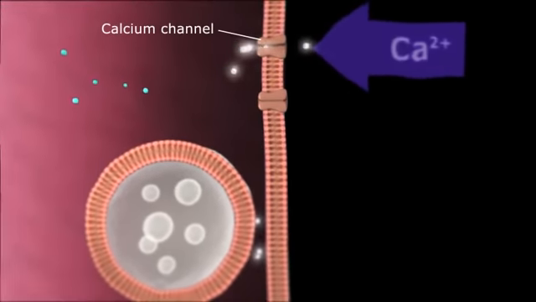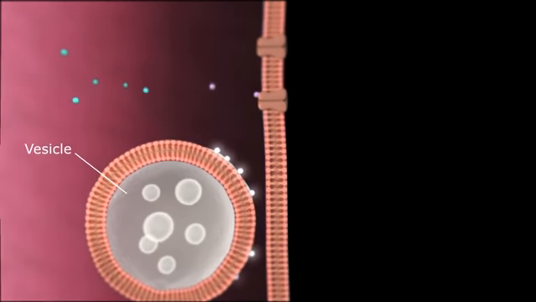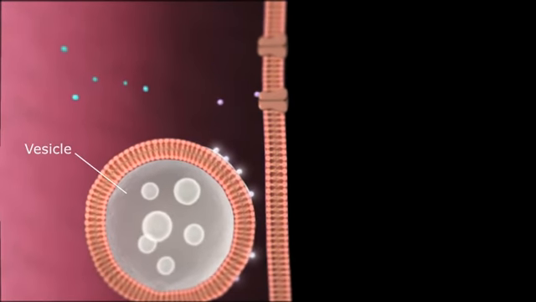This in turn opens calcium channels at the basal end of the cell, leading to vesicular transmitter release to stimulate the nerve.